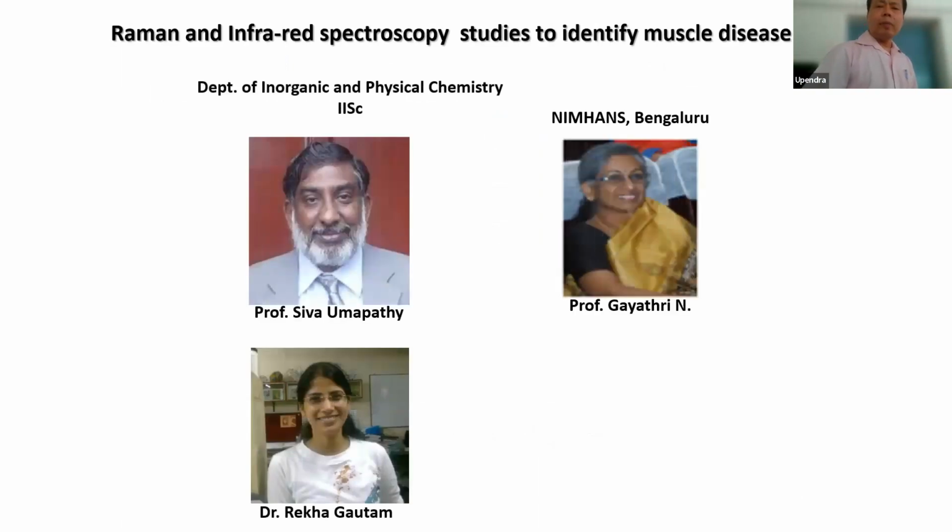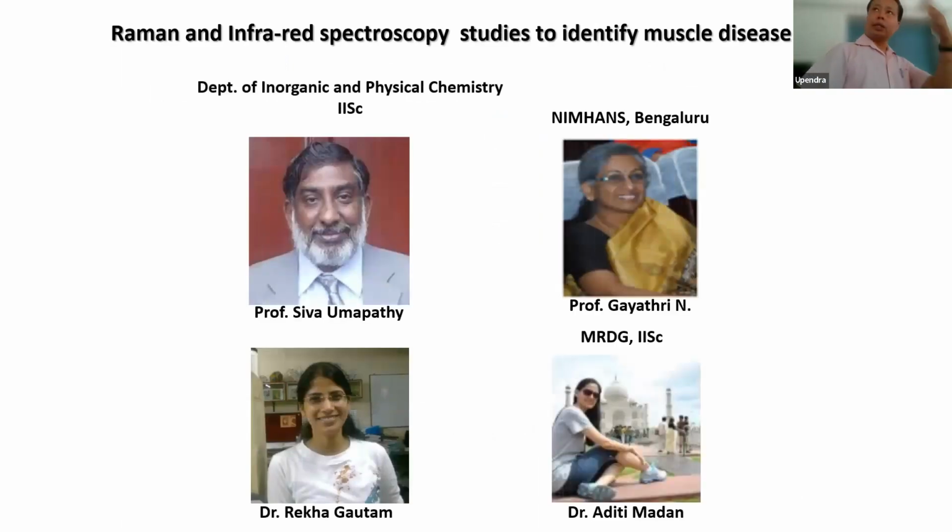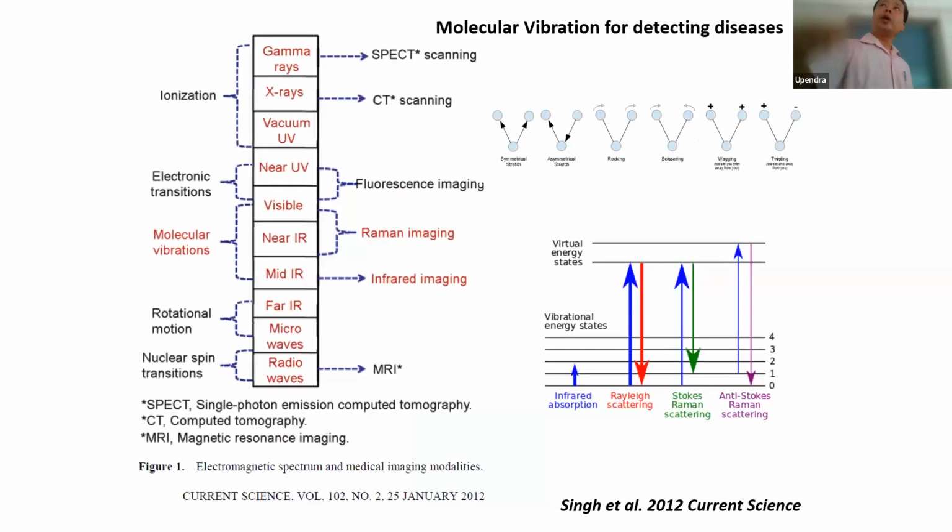Now, the good thing about this is that, just like I told you, we have been collaborating with people to develop techniques and tools. This tool we developed is Raman.